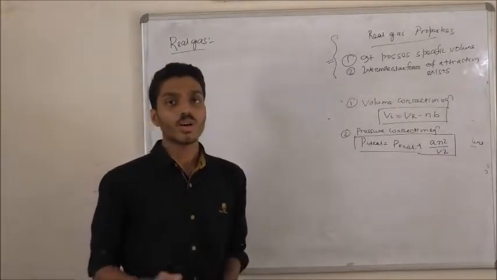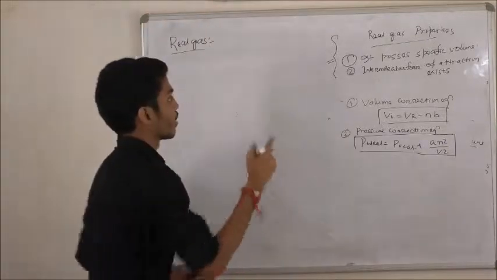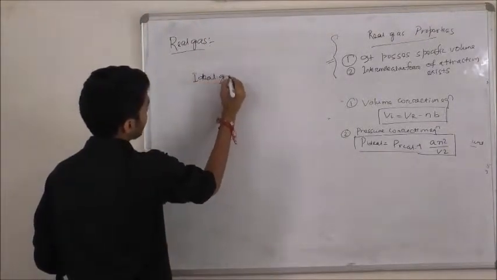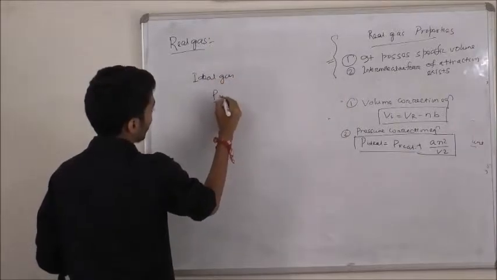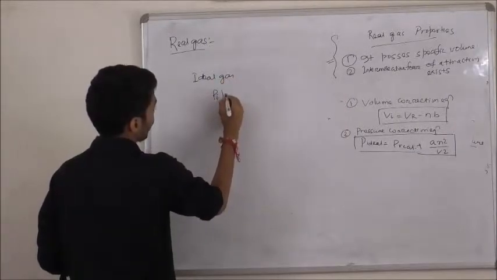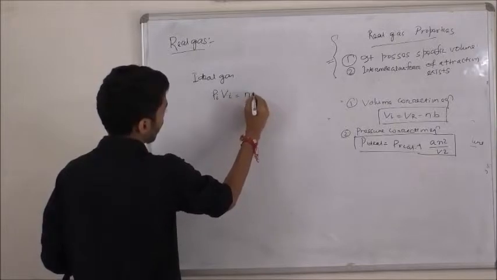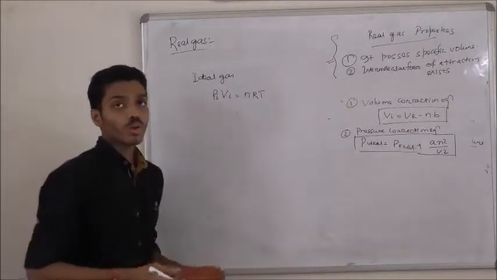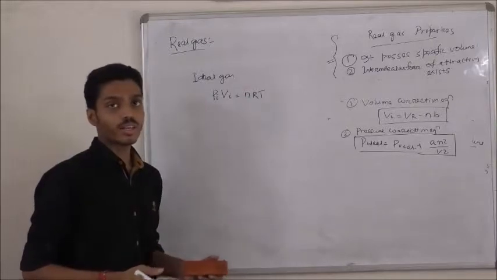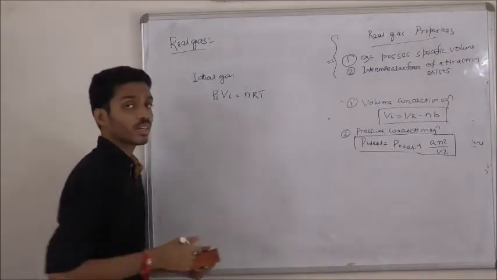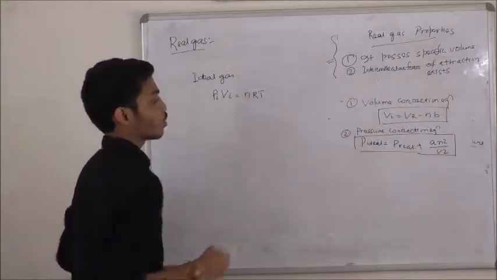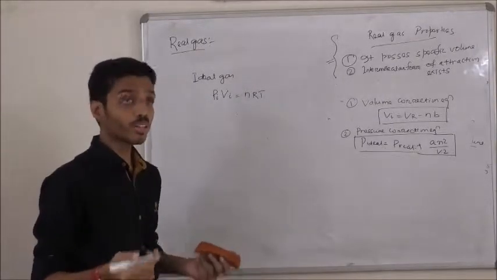Now let's write the ideal gas equation again. The ideal gas says P ideal V ideal is equal to nRT. But as we told, no gas is ideal in nature, and since the gases are real gases, we can substitute according to Van der Waals theory.